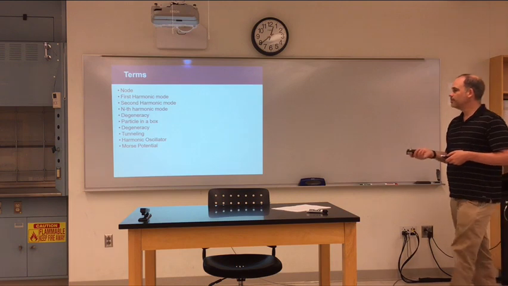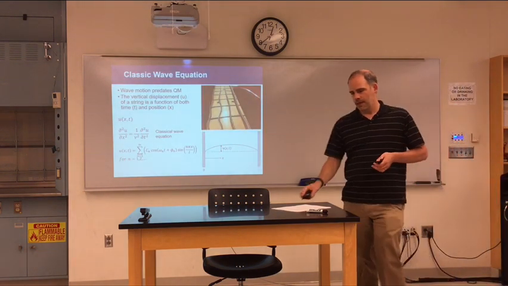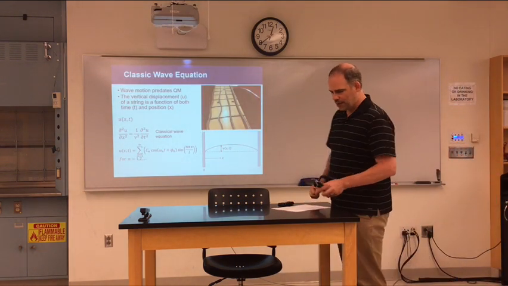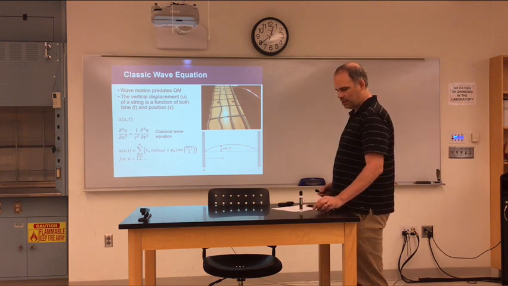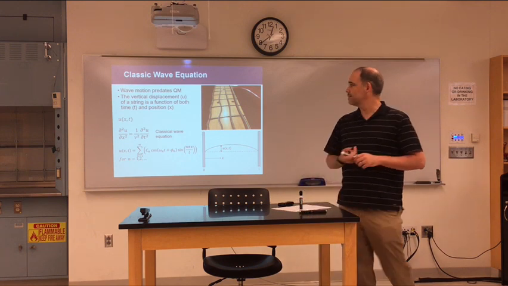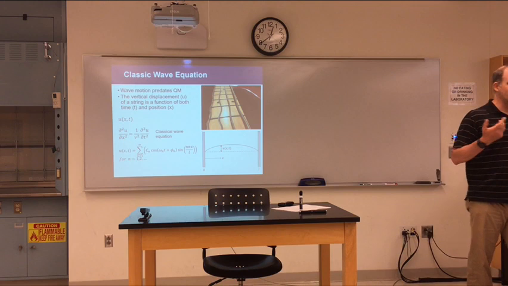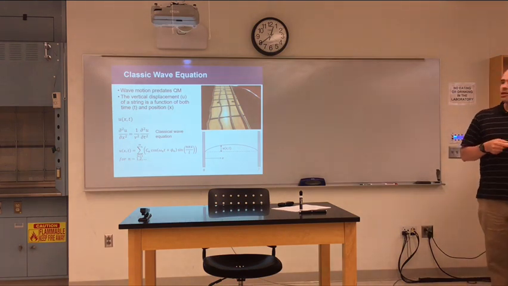A couple terms. Okay. So prior to any description or discovery of quantum mechanics, different types of motion people were already interested in. So if you pluck a guitar string, it essentially forms these waves.